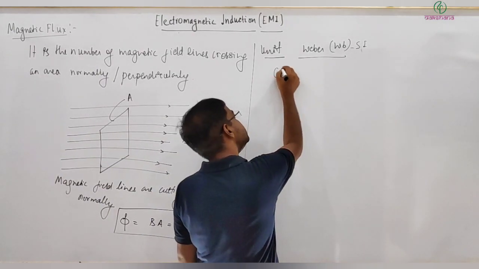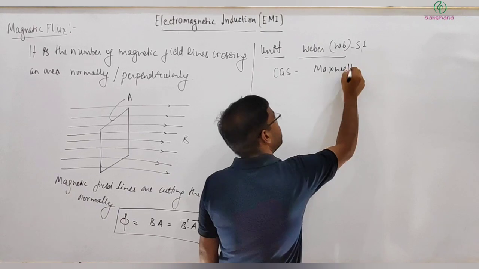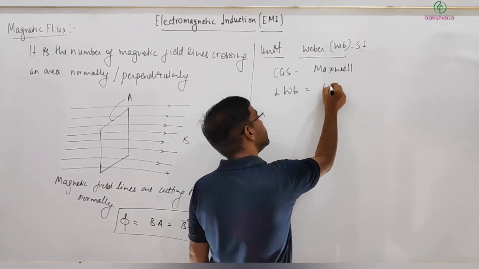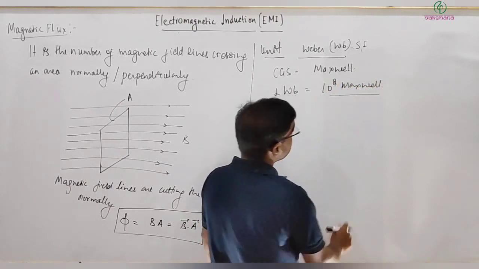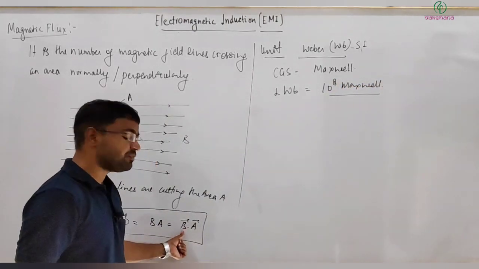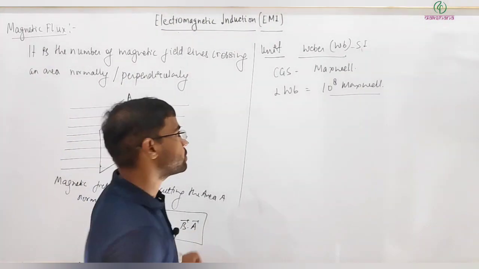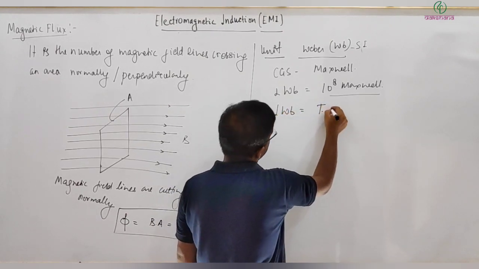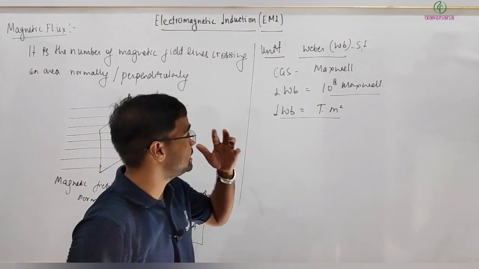There is also a CGS unit, the Maxwell, and 1 Weber is equal to 10 to the power 8 Maxwell. The unit for B, the magnetic field, is Tesla, and for area it is meter square. So we sometimes write 1 Weber as Tesla into meter square. So that is the measurement.